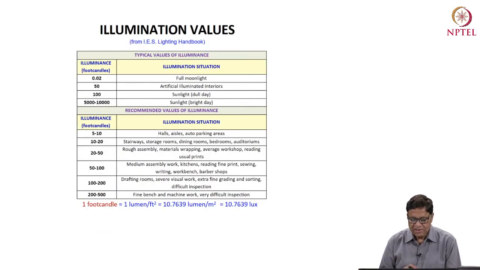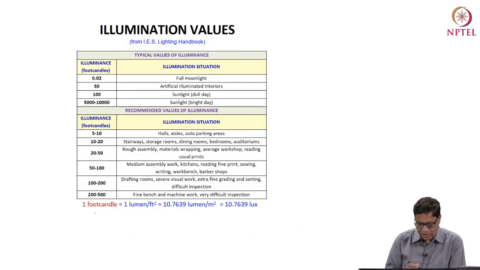These are some of the illumination values as per IES standards. This is given in terms of foot candles. So let us understand what a foot candle is. 1 foot candle is nothing but 1 lumen per square foot.